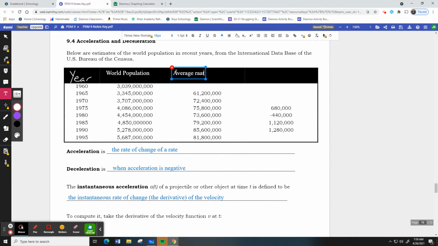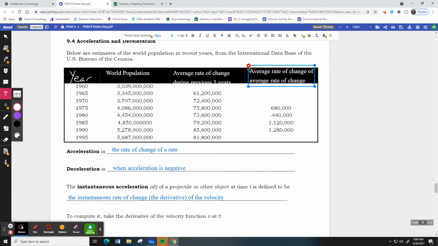And then this is the average rate of change of the average rate of change.